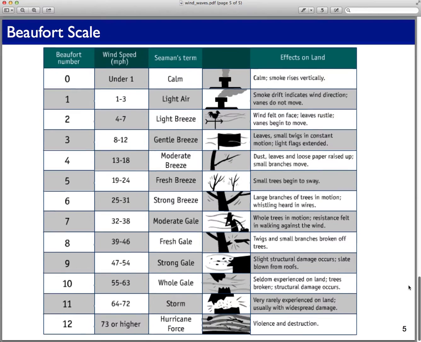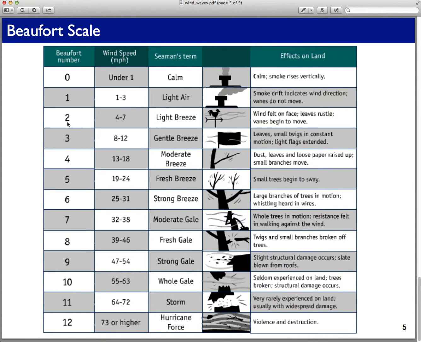Another scale that's commonly used by mariners is the Beaufort Scale. These are not fixed numbers, these are sort of guidance numbers here. Essentially, good mariners can look out, they can look at the sea state, for example, very calm, almost glassy, just light ripples on the surface, to frothing, foaming spray, and they can determine the seaman's term: calm, light air, light breeze, gentle breeze.